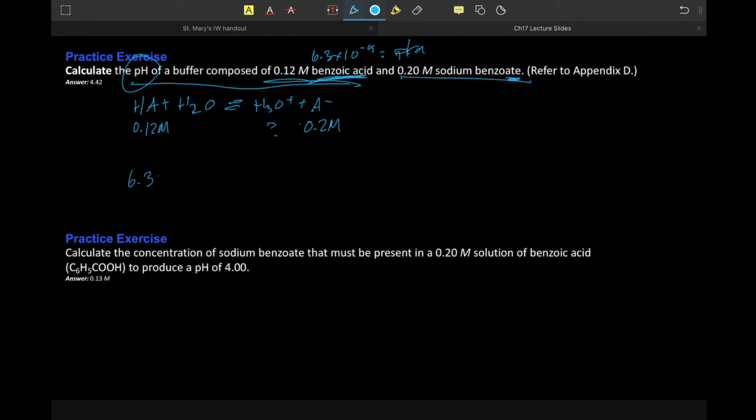So I can set this up as 6.3 times 10 to the negative 5th equals H3O plus times 0.2 over 0.12, solve for my H3O plus, and then take the negative log of that. Alternatively, as long as you recognize that it's a buffer, and this question literally says buffer, you could always use the Henderson-Hasselbalch equation.